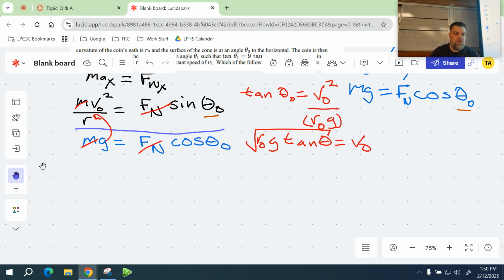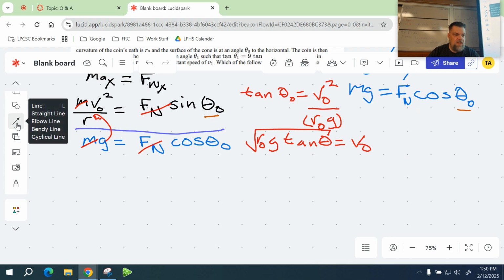I'll show you how they score the AP exam, but it's important that we go through these types of questions now. If I did the same process for V naught, let's go through the same process by just plugging in what they said that we needed to change.